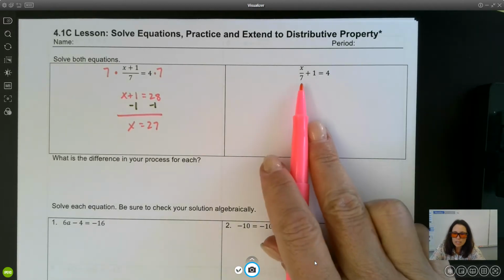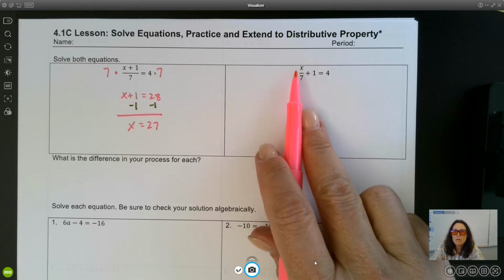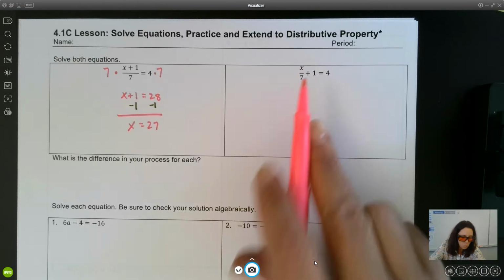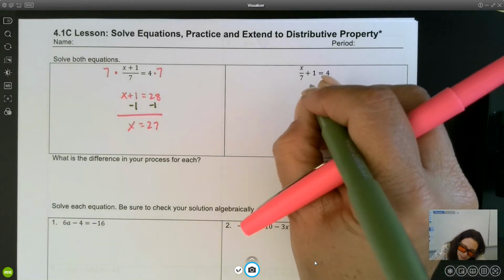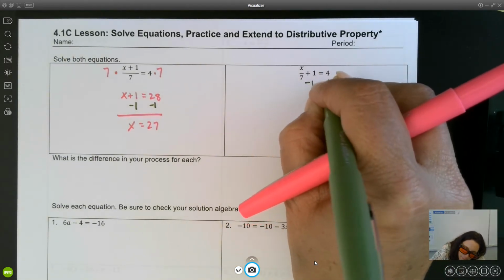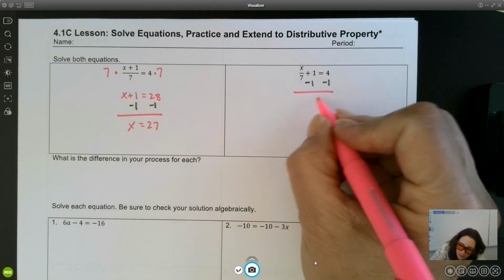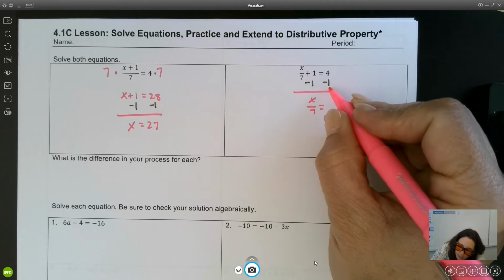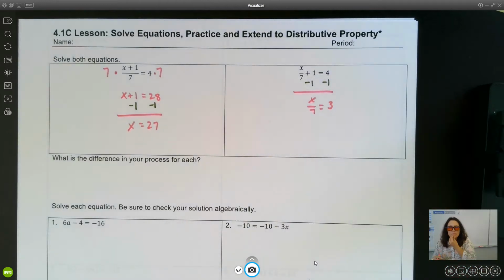Now this guy, we want to get this x over 7 by itself. The first step is to get rid of this 1. The first step is to subtract on this problem. We'd be left with x over 7 equal to 4 minus 1 is 3. Now how do you get rid of divide by 7?